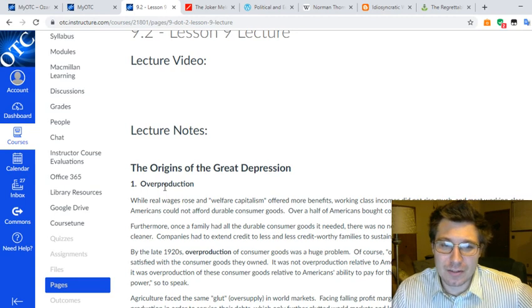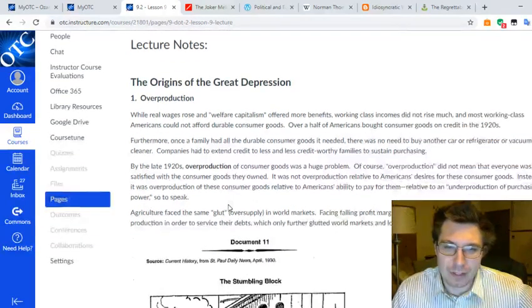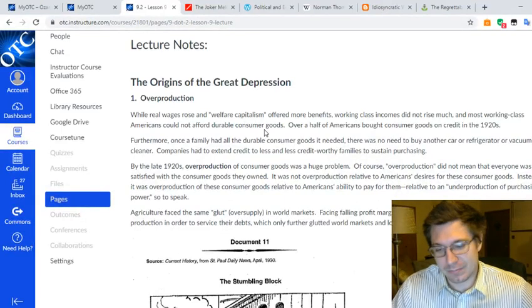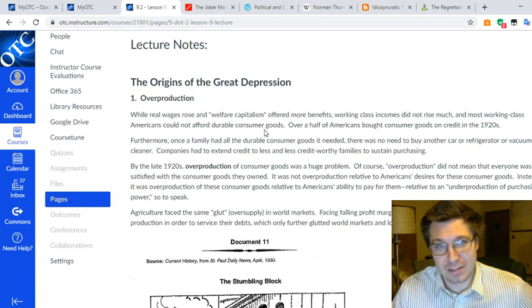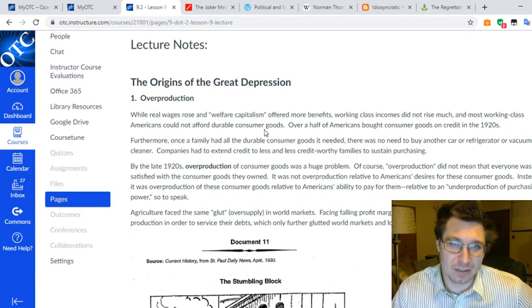Well, it has to do with the fact that while real wages rose and welfare capitalism offered more benefits, that was that tendency for businesses to offer benefits and higher wages during the prosperous 1920s.